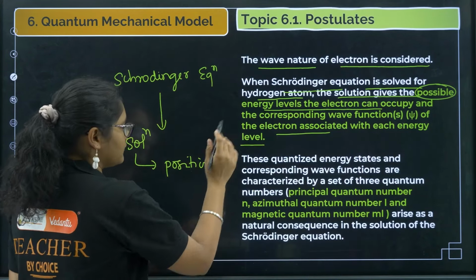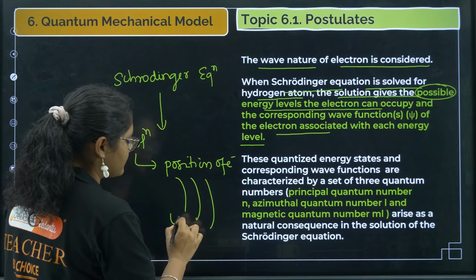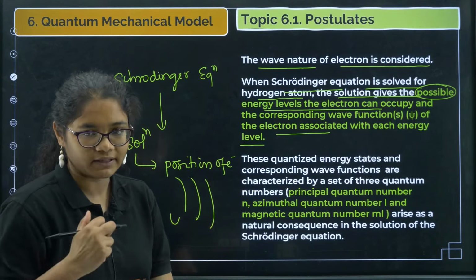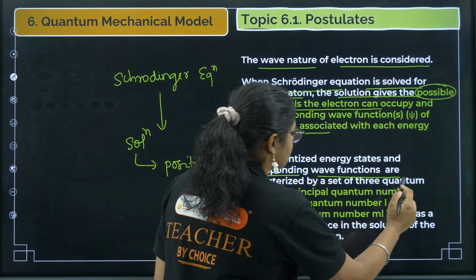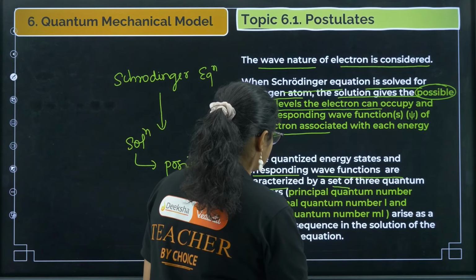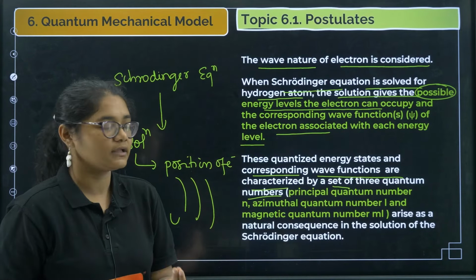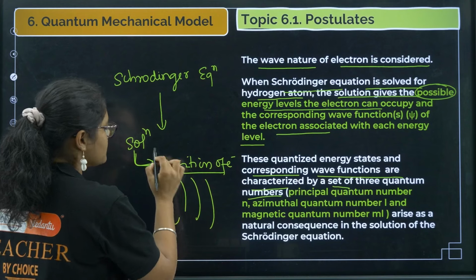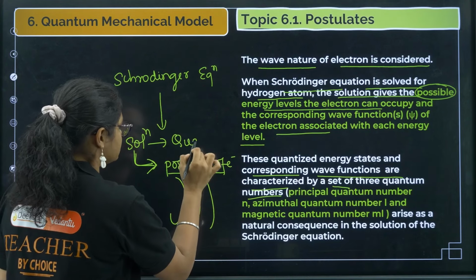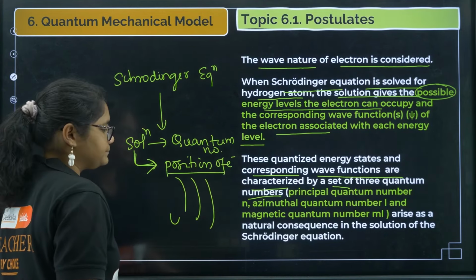So now based on these solutions, we'll get different energy levels and the wave function associated with each. Now these quantized energy states and corresponding wave functions are characterized by a set of quantum numbers. Okay, so the solutions of these Schrödinger equations gave you the position of the electron, and these solutions were called quantum numbers.